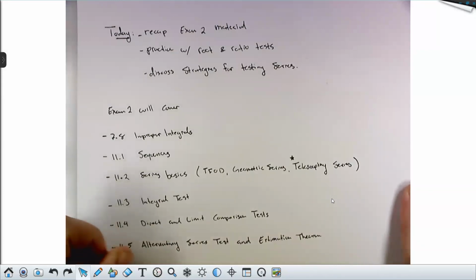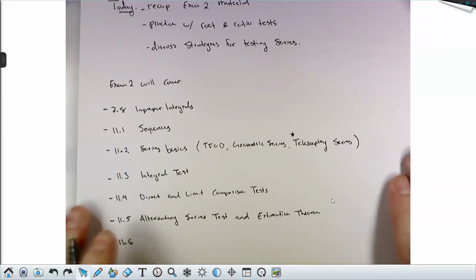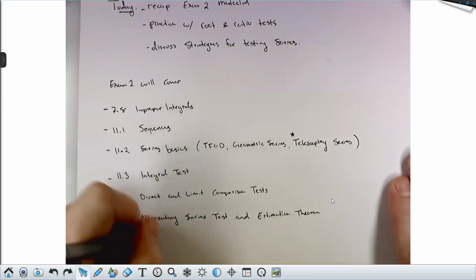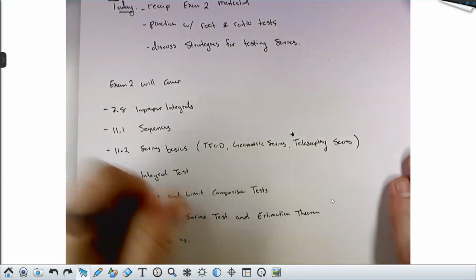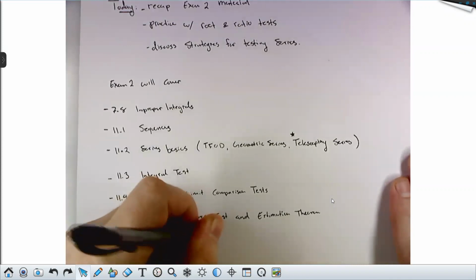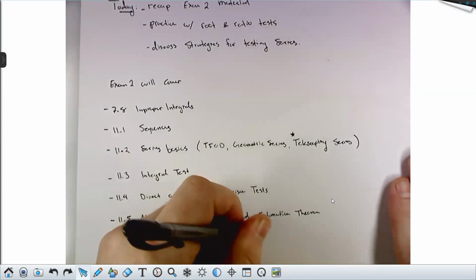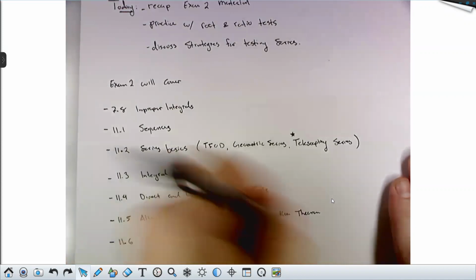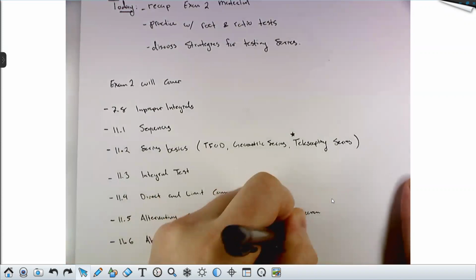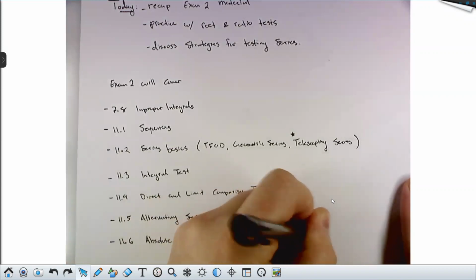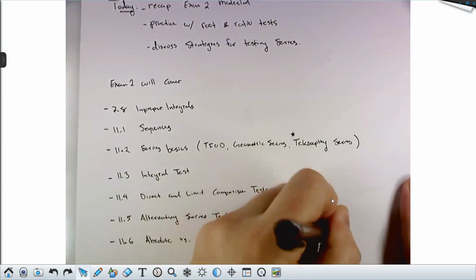11.6, which is the section we just covered on Tuesday, which is on absolute versus conditional convergence. And the root and ratio tests.